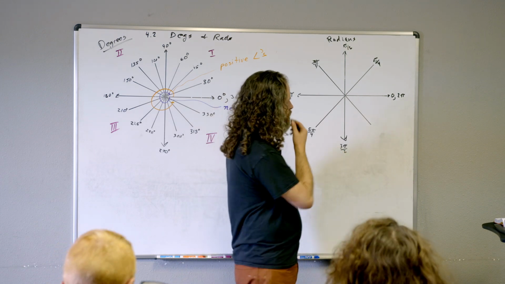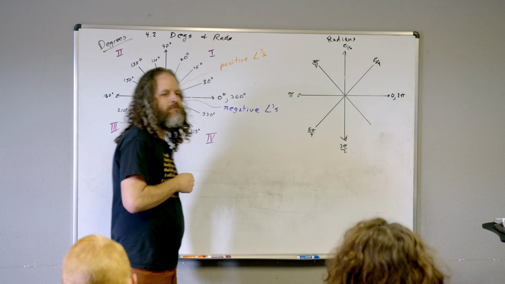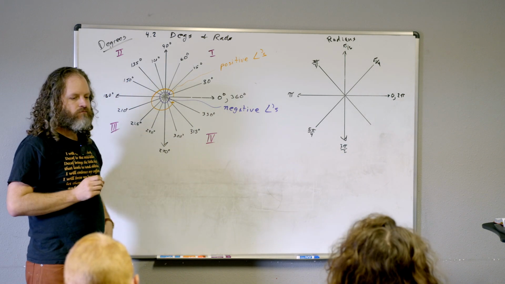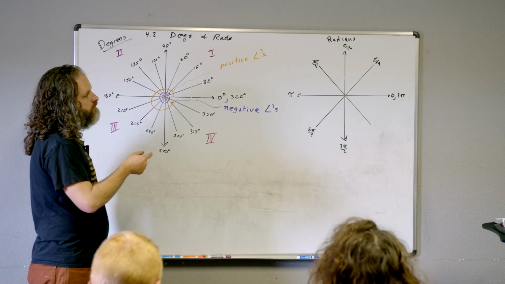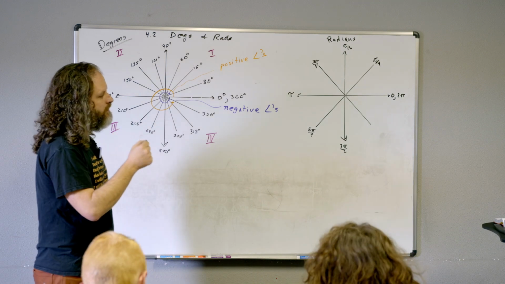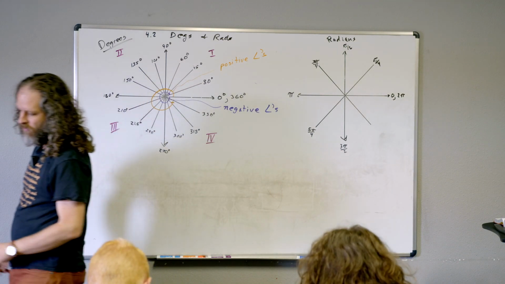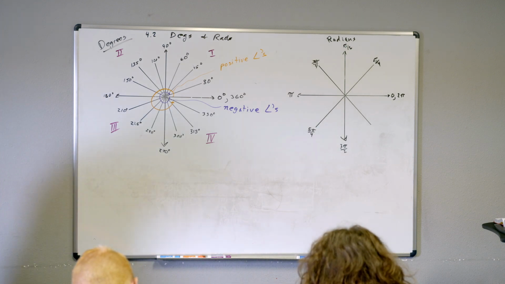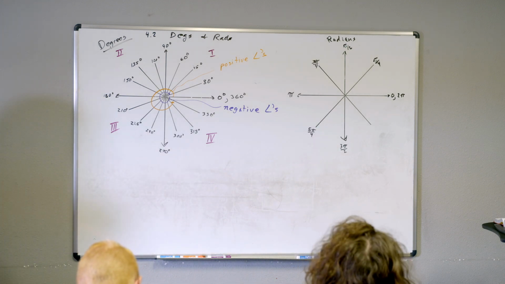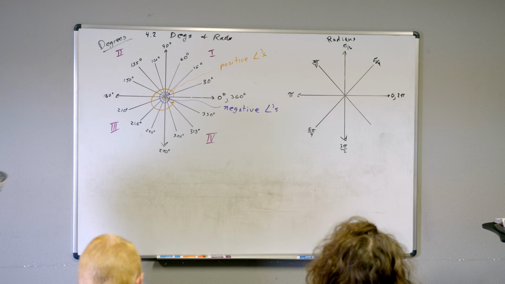Square root of 2 over 2. True, which is what that is. Now punch the sine of 3 pi over 4. Same thing, square root of 2 over 2. Now punch 5 pi over 4.